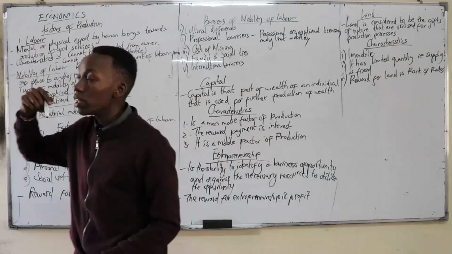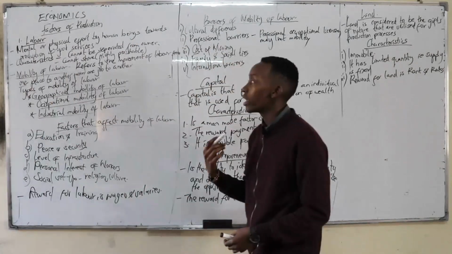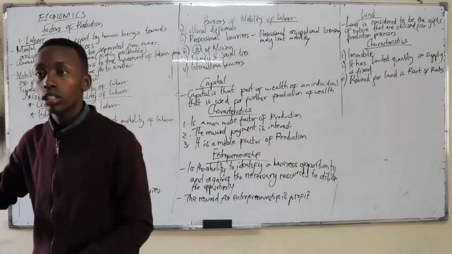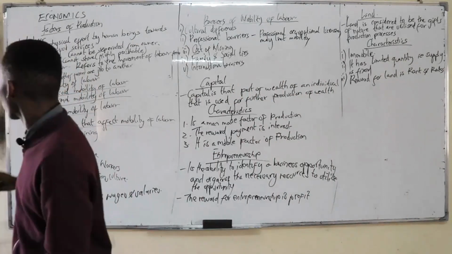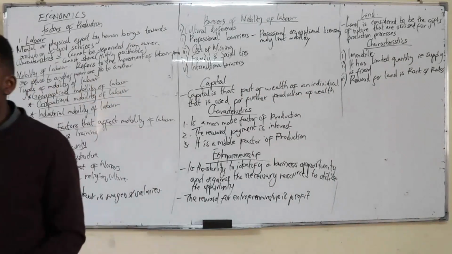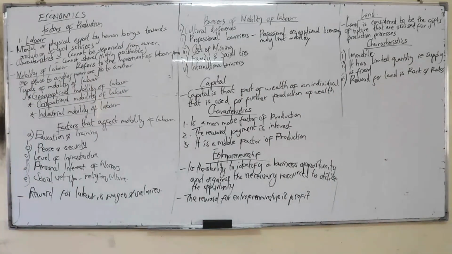And when the price of the factor of production is high, what does it do to its demand? Does it increase or reduce? Do we demand more of it or less? Less of it, because it will increase our cost of production.